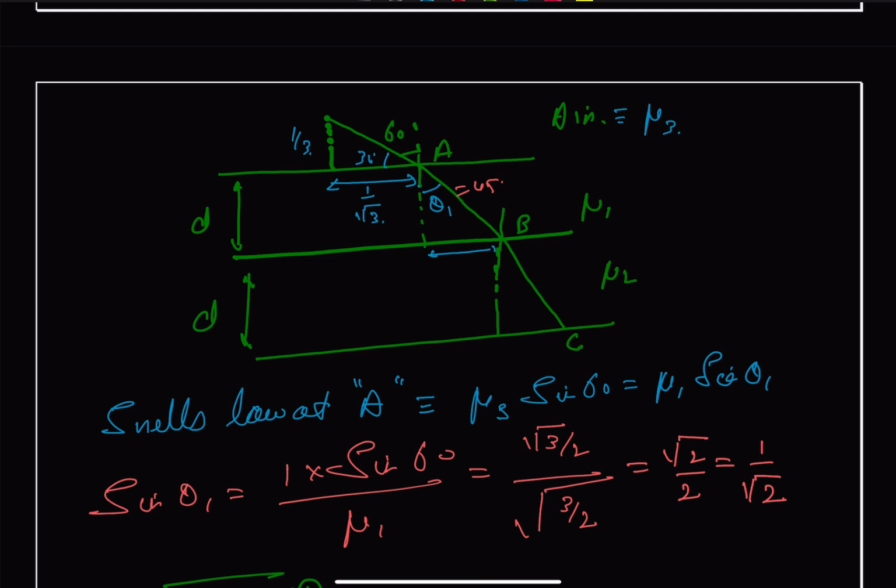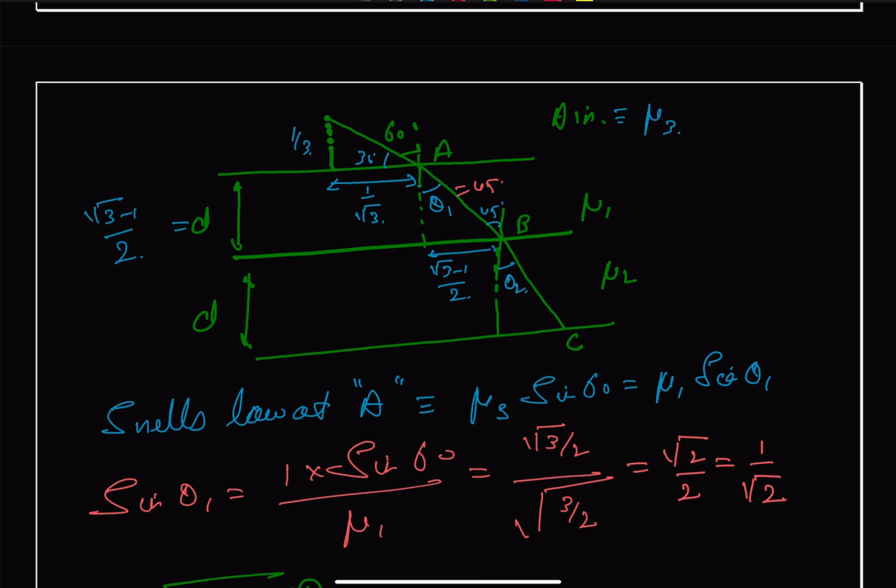D is given as square root of 3 minus 1 divided by 2. Okay. So θ1 is 45, so this will also come as square root of 3 minus 1 divided by 2. If we have this as 45, this angle will also be 45. Now let us call this angle θ2.